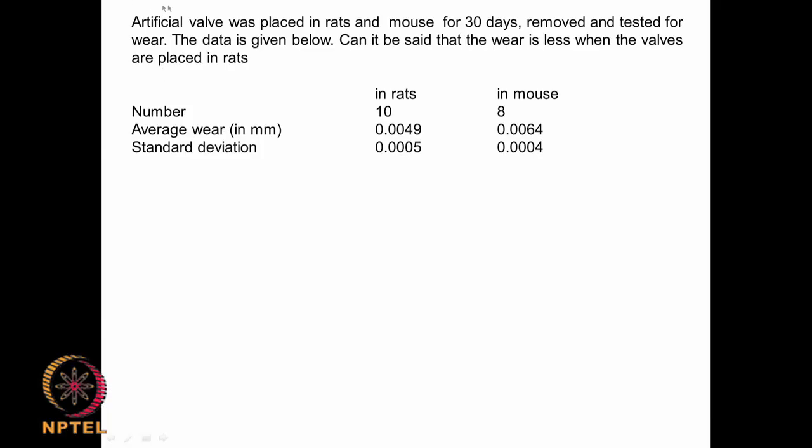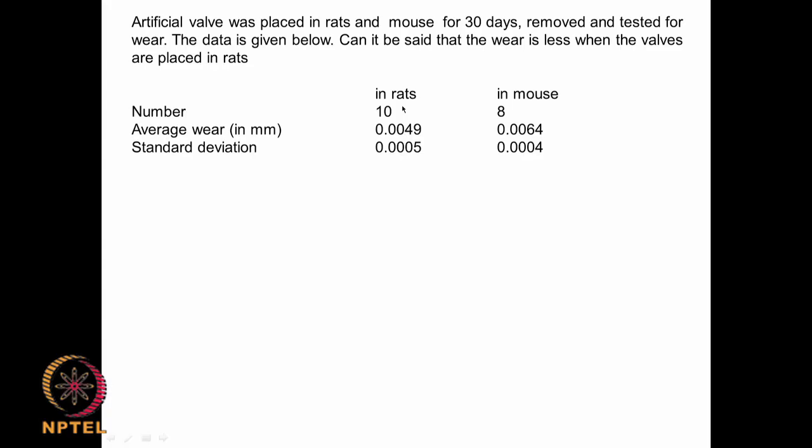After 30 days they were measured with the standard deviation. It is all given, it is not raw data, somebody has already done it. Can it be said that the wear is less when the valves are placed in rats?